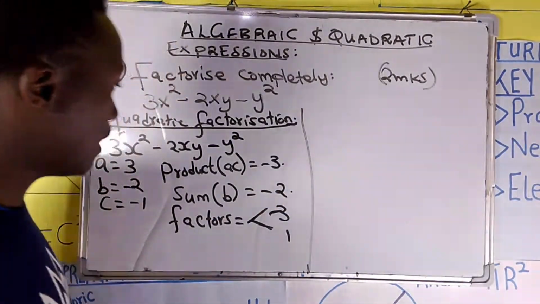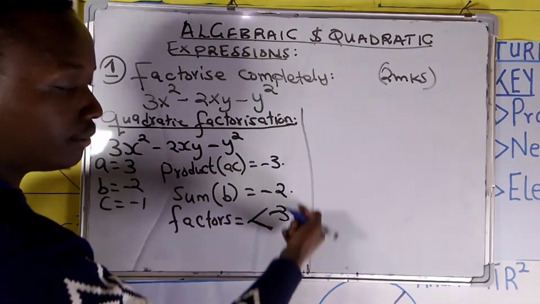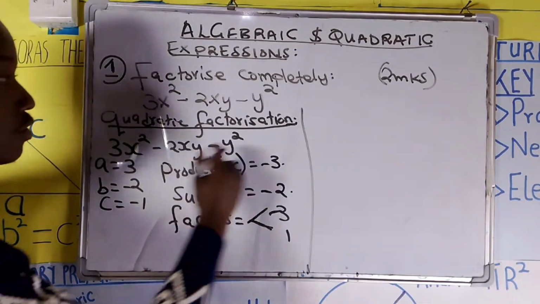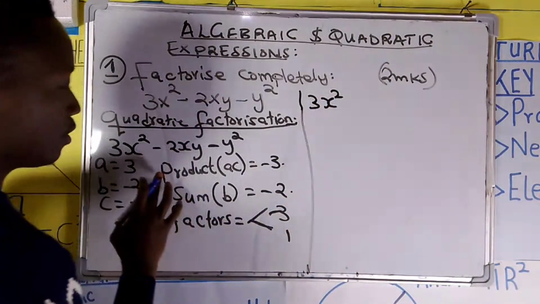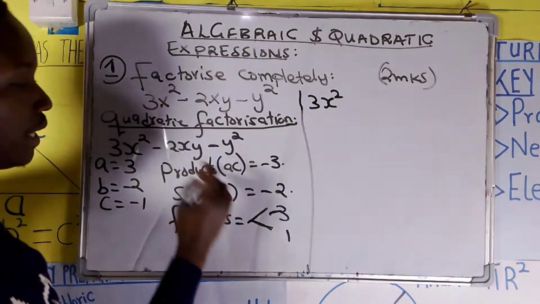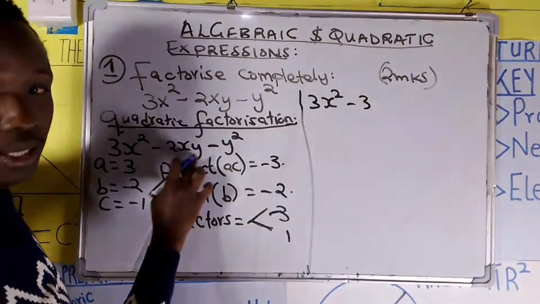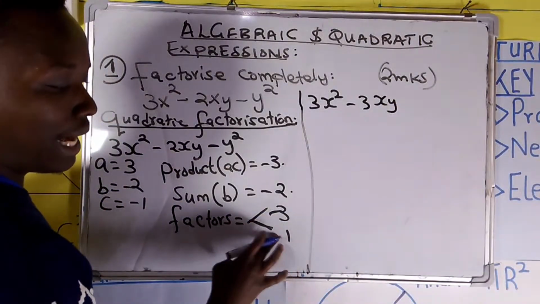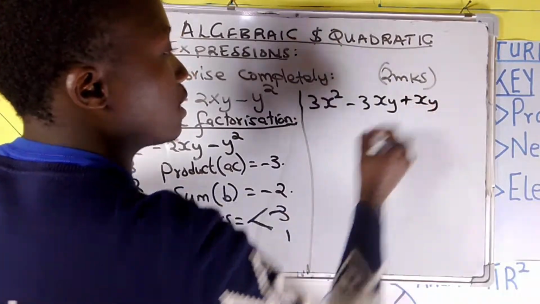So once we get that, we will now proceed. We will take these factors and replace our b. So we will have 3x squared, then we replace -2 with -3, but xy will remain. So it will be -3xy plus 1xy, which is the same as plus xy.